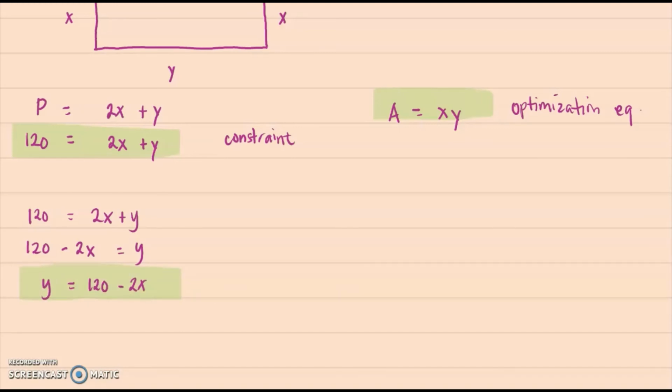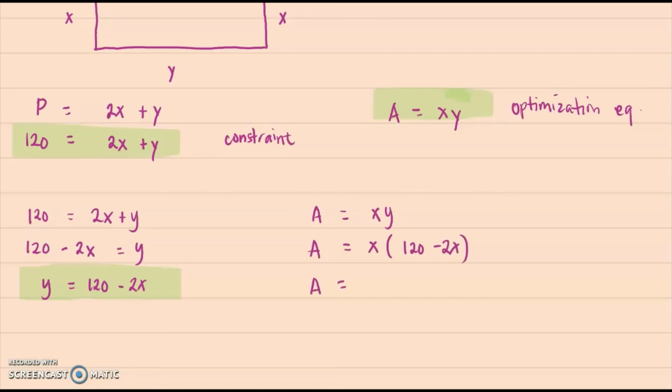Now, after solving for y, let's go back to our optimization equation. A is equal to x times y. Substitute the value of y that we have here. So A is equal to x times 120 minus 2x.